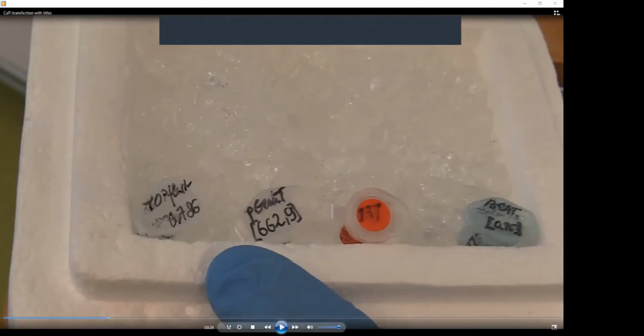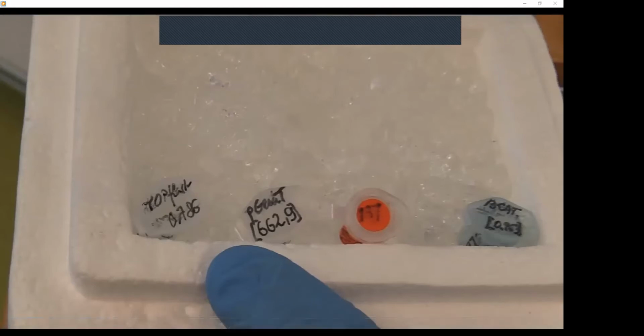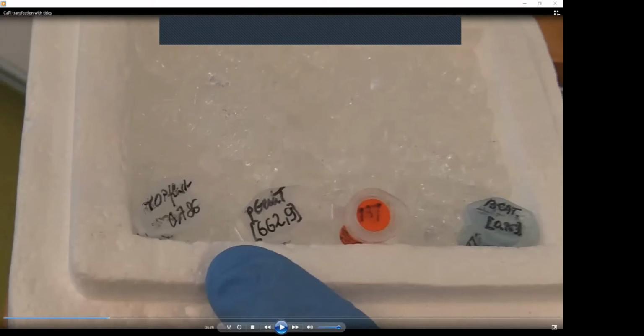The last sample which you see here is plasmid vector for expression of beta-catenin. And as you already know from my talk, beta-catenin is that molecule which is inducing Wnt signaling. So beta-catenin interacts with TCF4 and stimulates Wnt signaling.